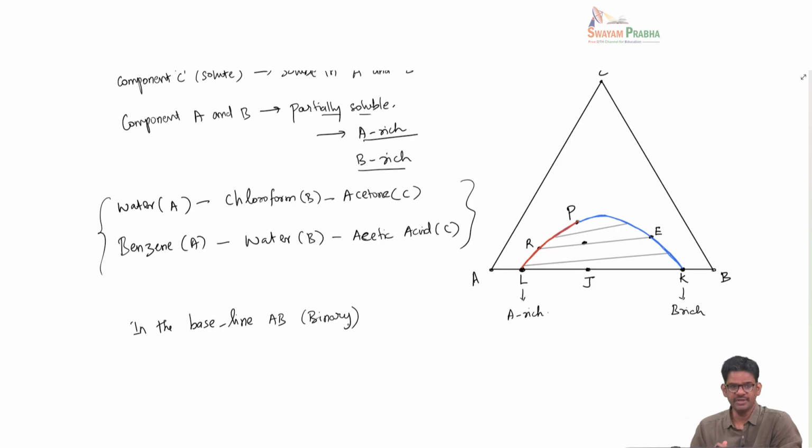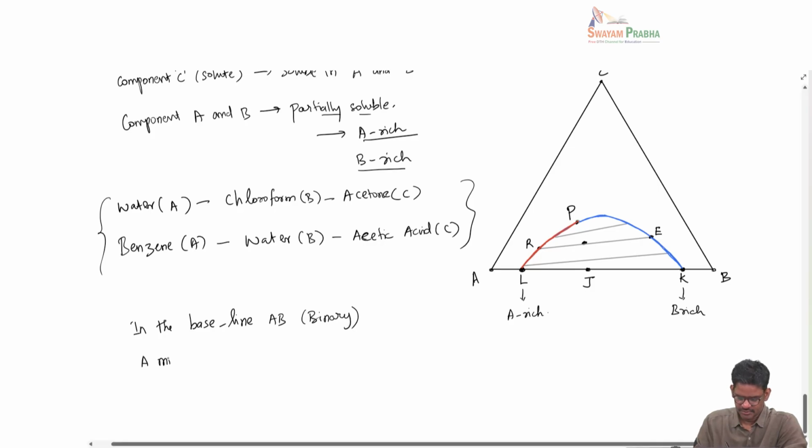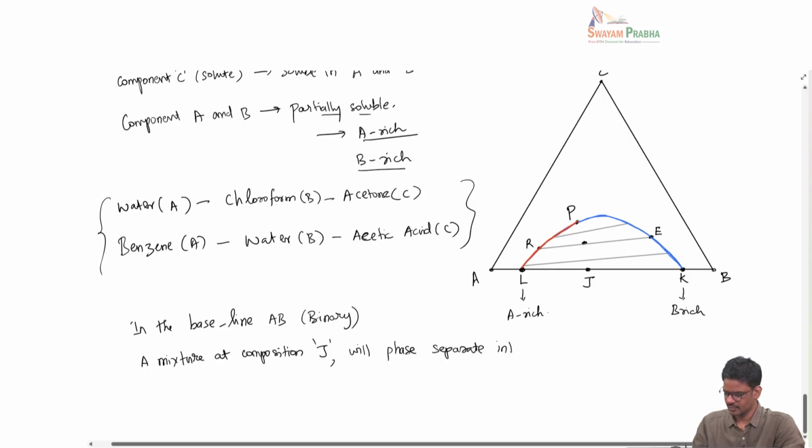Such systems, if you mix at the composition denoted by J, will phase separate into an A rich phase, which is point L, and a B rich phase, which corresponds to point K.